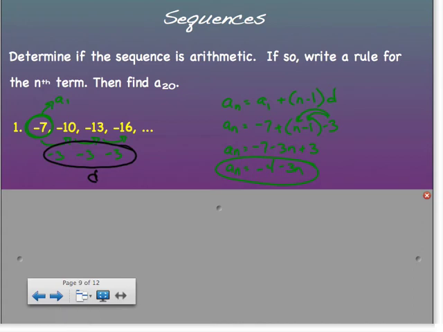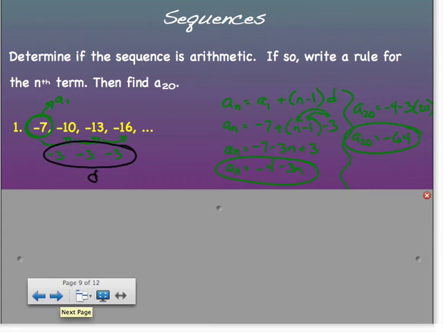The only other thing they ask is, I want to find a sub 20. Well, a sub 20, based on my rule, better be -4 minus 3 times 20. And therefore, I have a sub 20 equals -4 minus 3 times 20, which gives me -64. The nice thing is this, the reason that we do this is for this reason.